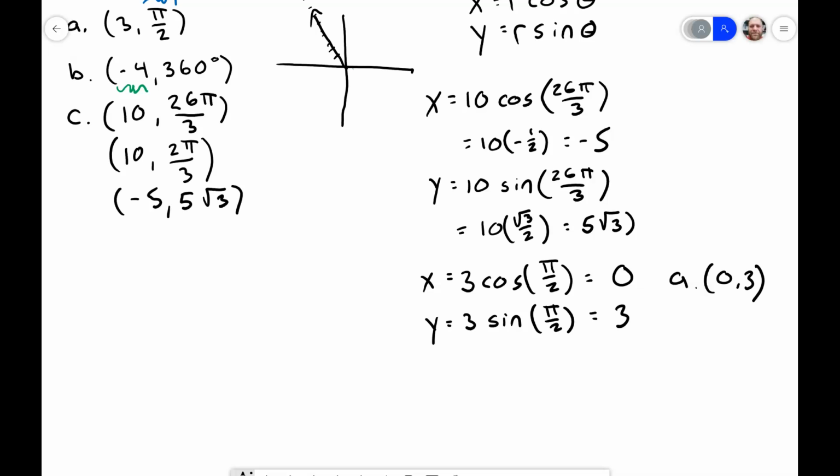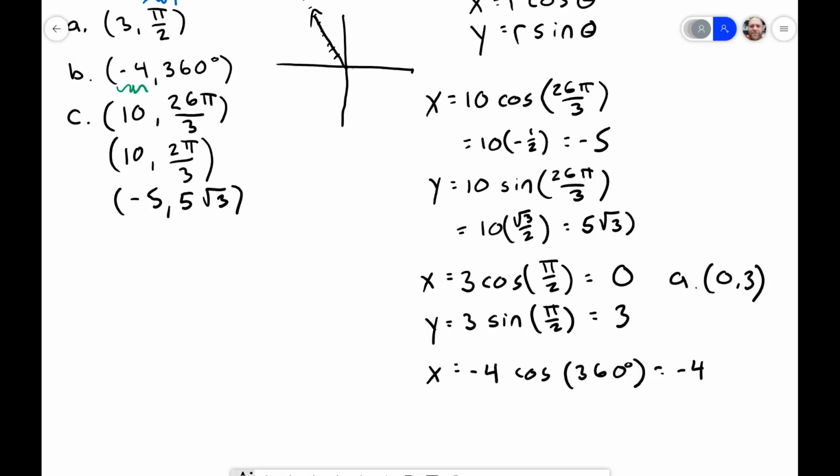And then the last one, negative 4, 360, same thing. x is equal to negative 4 times the cosine of 360 degrees, and the cosine of 360 degrees is 1, so this is just negative 4. Let me double check that. That looks right.